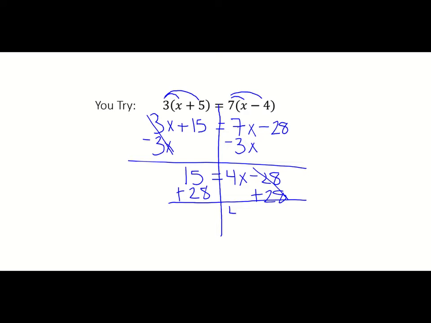On the right, we have 4x, and 15 plus 28 is going to be 43. Now if we divide that by 4 to get x completely by itself, 4 doesn't go into 43, nor is there a number that will go into both 43 and 4. So our final answer to this equation will be x equals 43 over 4.